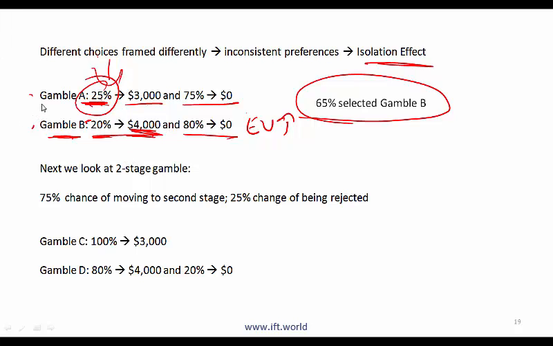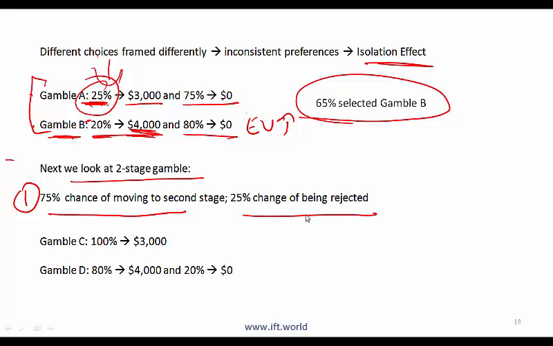Now, so this was one experiment. Now, if we break this, so now this is another experiment. Now we collect a bunch of people and we now say that we have a two-stage process. In stage 1, there is a 75% chance of moving to the second stage and a 25% chance of just being rejected and not getting anything.